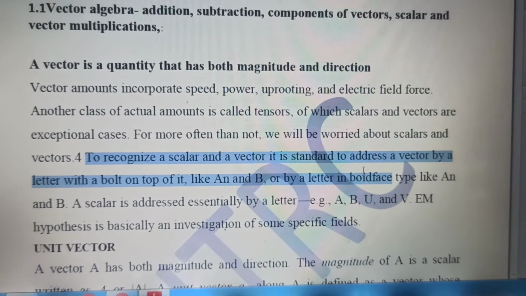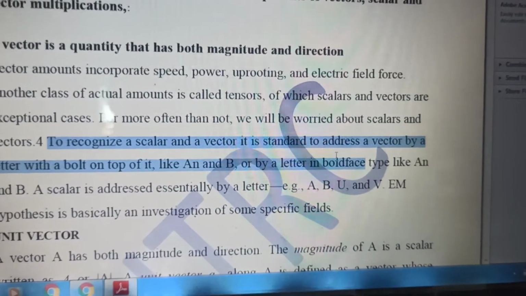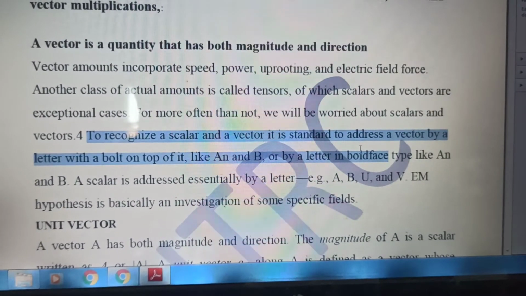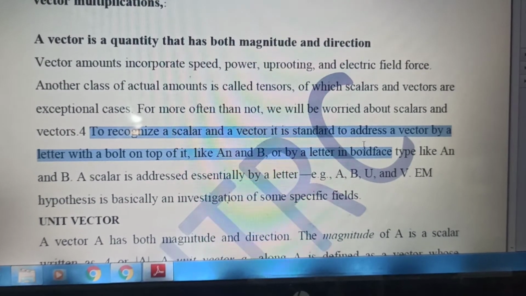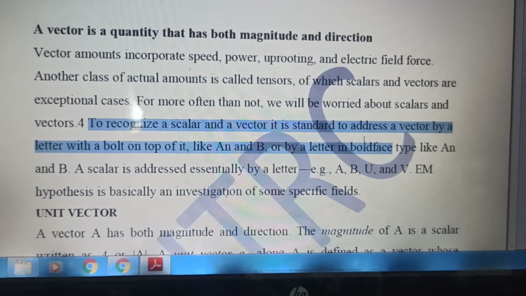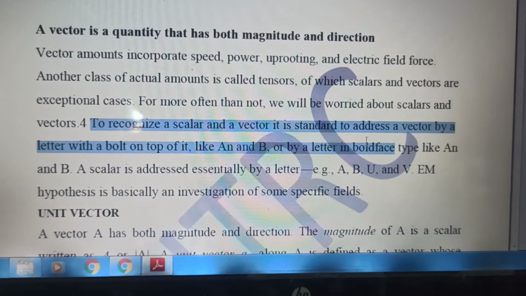It means we put an arrow on top of the vector so that its representation is complete, whereas a scalar has only a magnitude but not a direction.